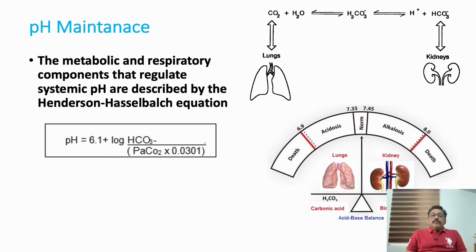So removal or addition of hydrogen ion will shift the balance from the alkali side to the acid side. Removal or addition of carbon dioxide to the buffer system on the lung side may lead to acidosis or alkalosis. Whatever it is, the kidney and lung will try to keep the pH between 7.35 and 7.45.